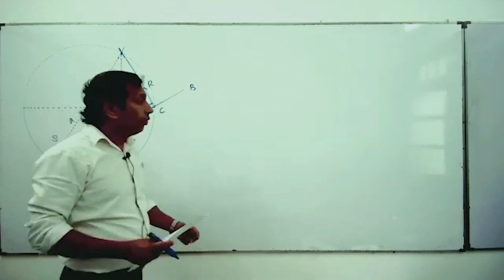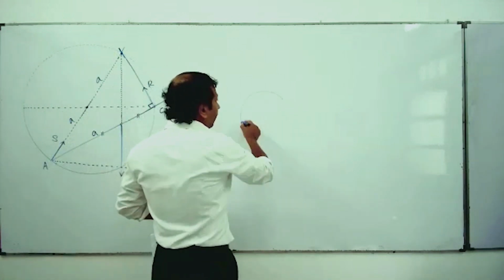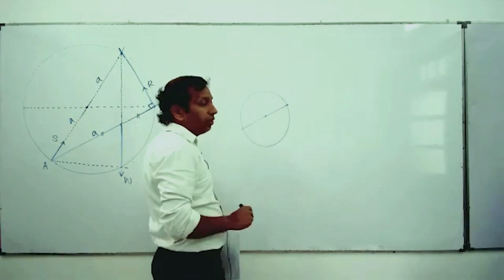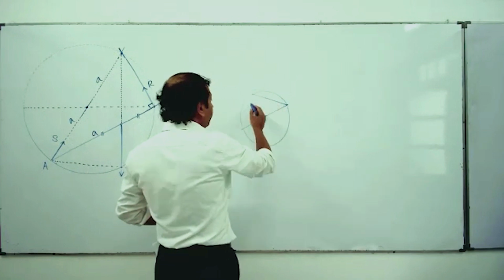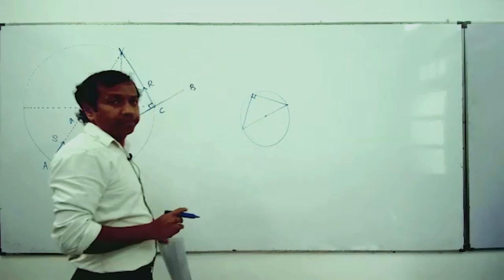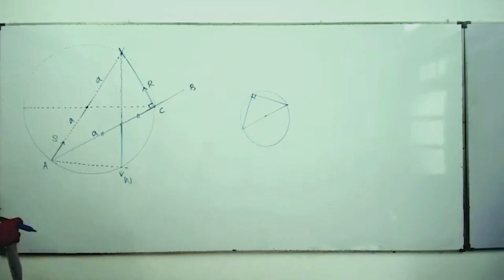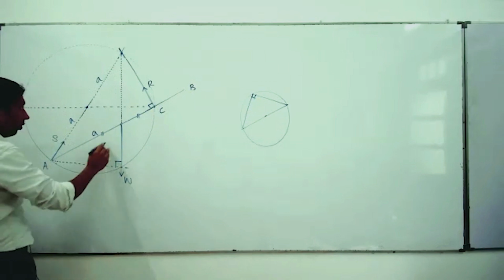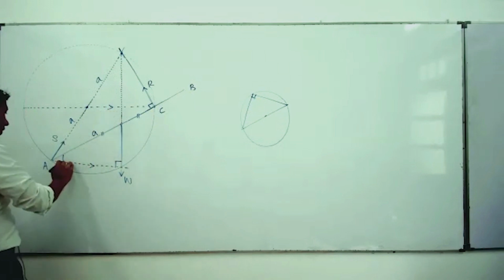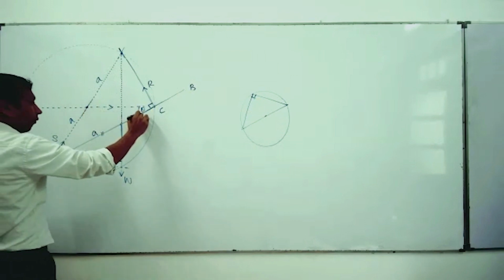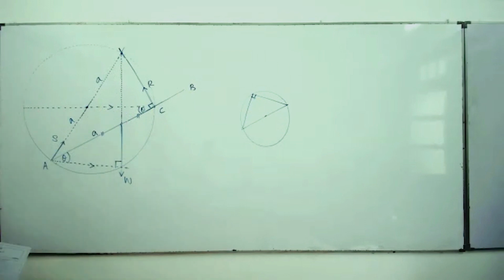You know the geometry here: any diameter of a circle subtends 90 degrees at any point on the circumference. That is geometry. That's the reason. Then this is horizontal, this and this being parallel. If you take this angle as theta, since this and this are parallel, this is also theta. Okay?